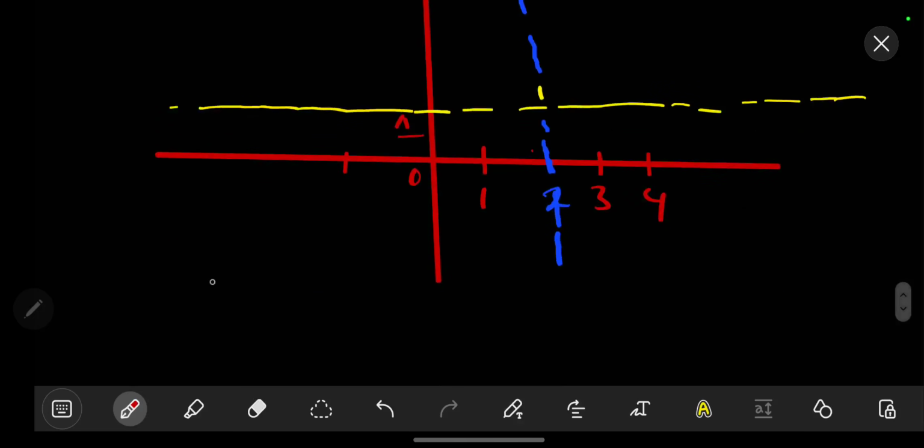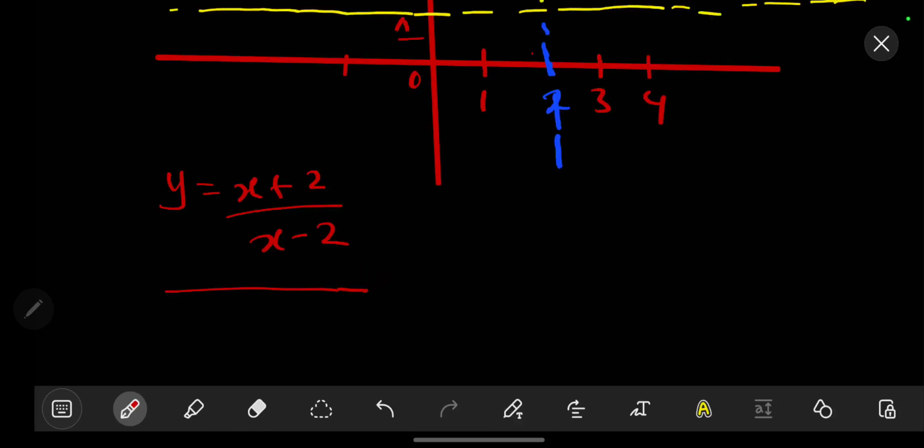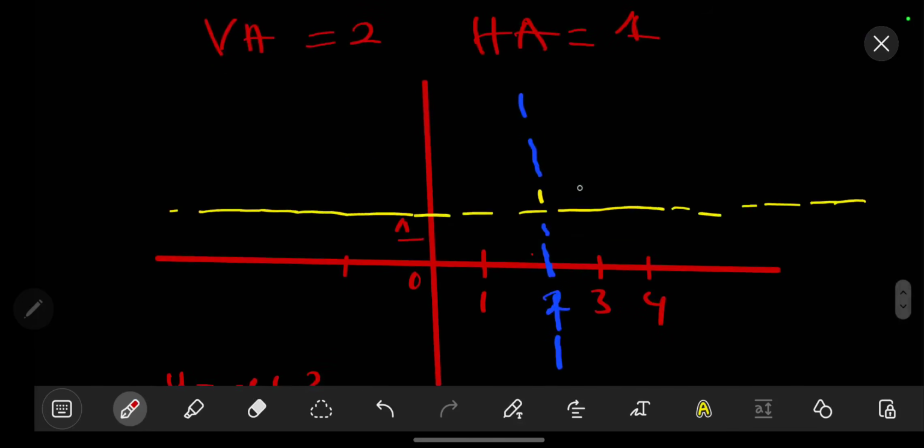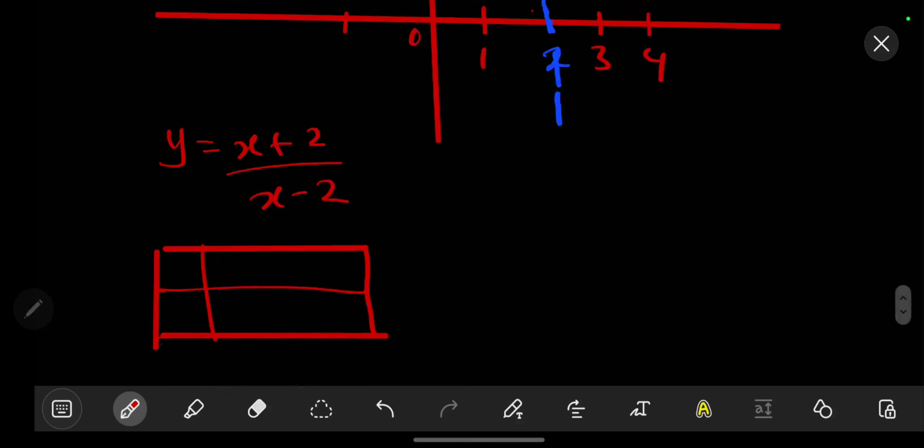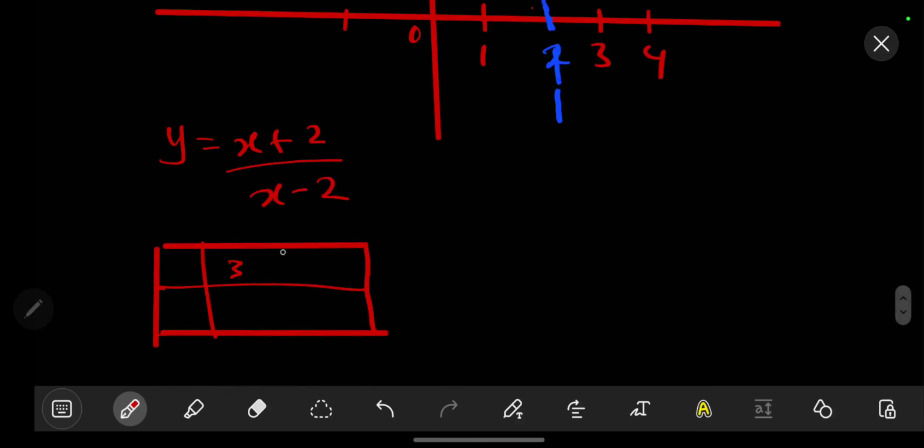For the equation y equal to, let's study first the behavior of the graph on the right, where we have 3 and 4. We are going to find the corresponding values of y.